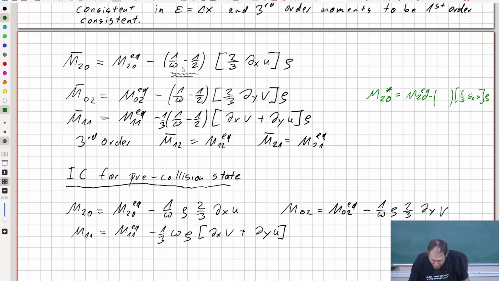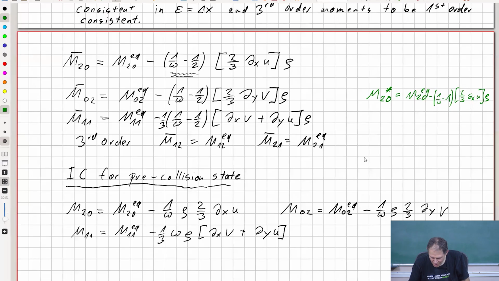We have 1 over omega here, and we have 1 over omega there. If we add them together and divide by 2, we end up with 1 over omega. So then we have minus 1/2 here. That would be minus 1, right?